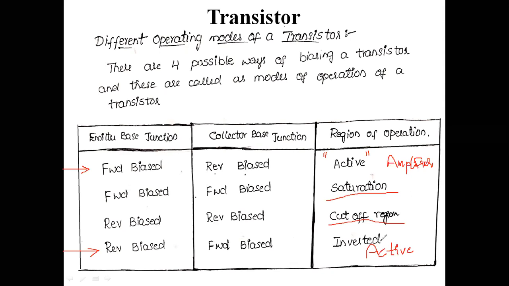Forward bias, reverse bias means the first region of operation is the active region. If both terminals are in forward bias condition, I represent that region as the saturation region. If both terminals are reverse biased, that region of operation is the cutoff region.